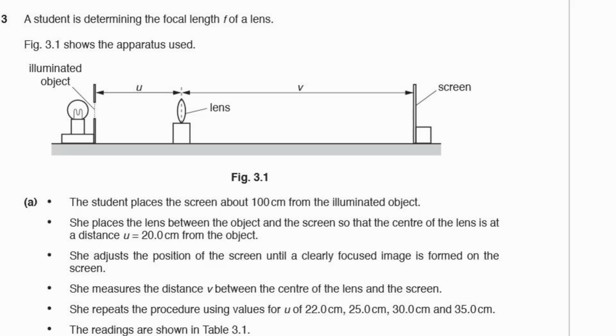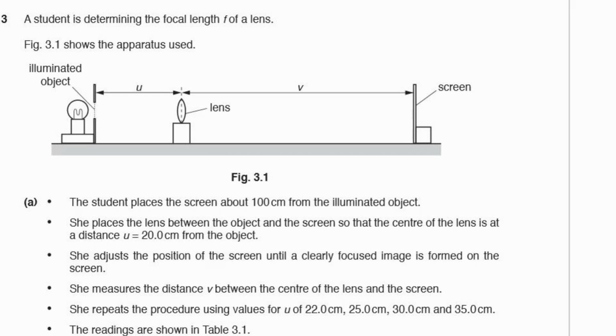A. The student places a screen about 100 centimeters from the illuminated object. She places the lens between the object and the screen so that the center of the lens is at a distance of u equals 20 centimeters from the object. She adjusts the position of the screen until a clearly focused image is formed on the screen.